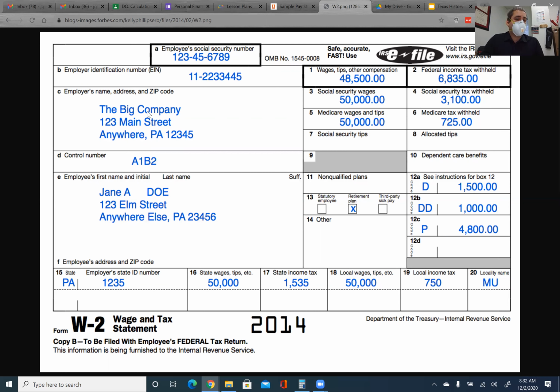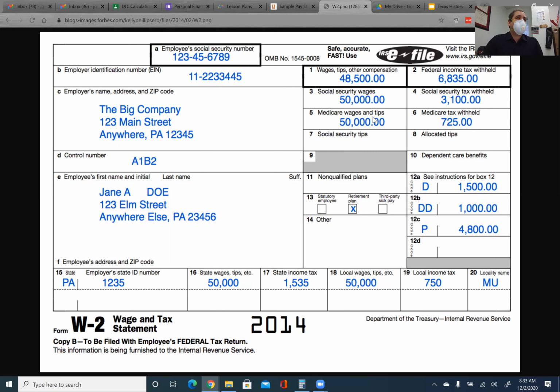So you'll see the employer's name, the employee, and in box 1, you have their total compensation. In box 3 and 5, it says Social Security wages. This is the amount of wages that were subject to Social Security or Medicare taxes.